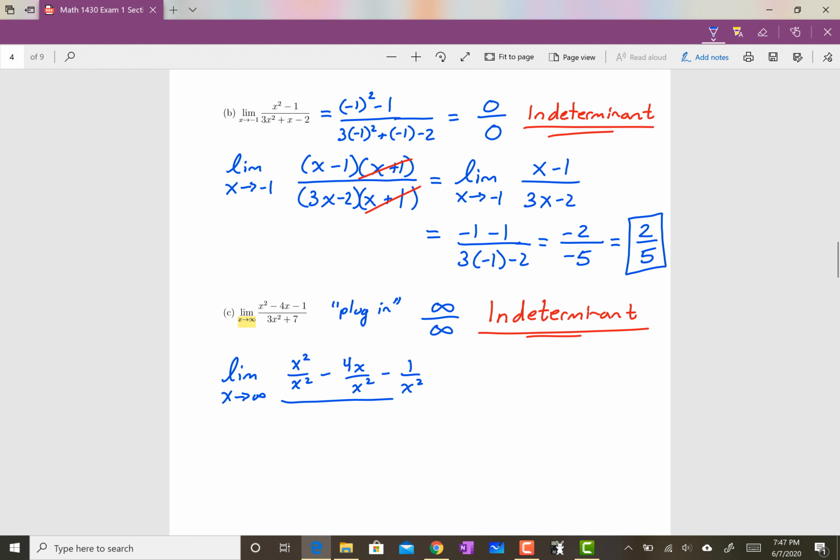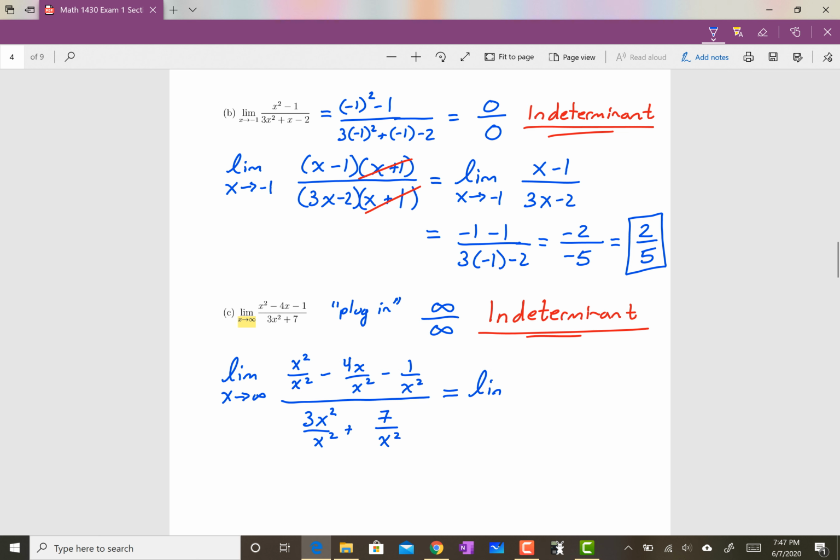And that's all divided by 3x squared over x squared plus 7 over x squared. These tend to look a lot messier when you're actually trying to solve. So before we can solve, we are going to simplify.